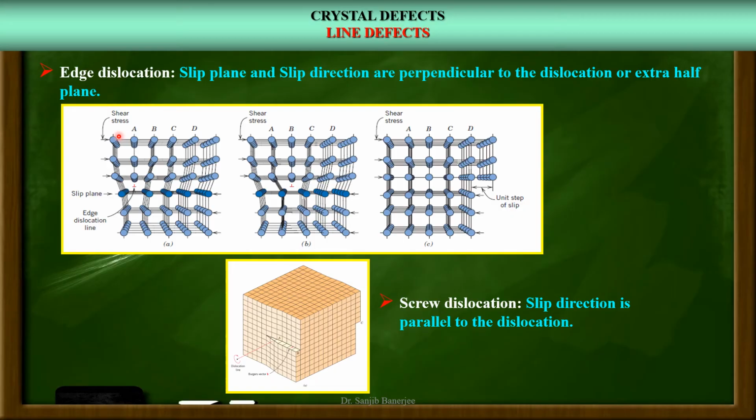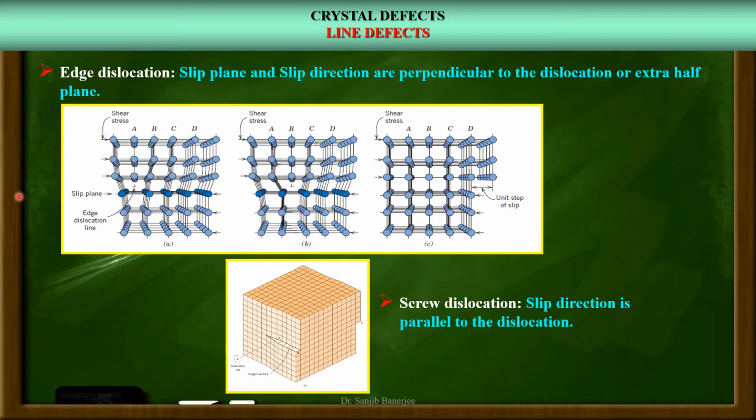So this is the consequence of the presence of this extra half plane or the edge dislocation. So in this figure, it is clear that in case of edge dislocation, the slip plane and the slip directions are perpendicular to the dislocation or the extra half plane.